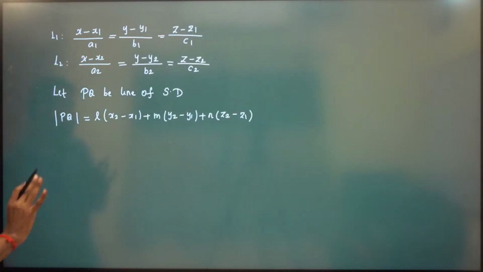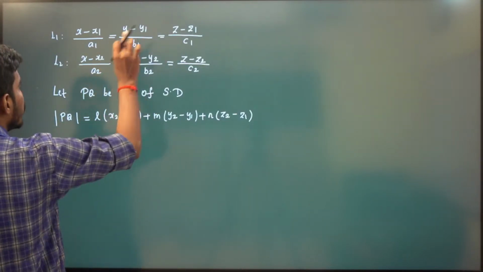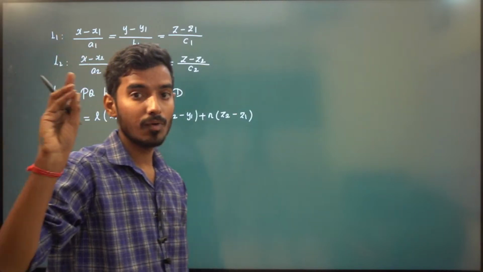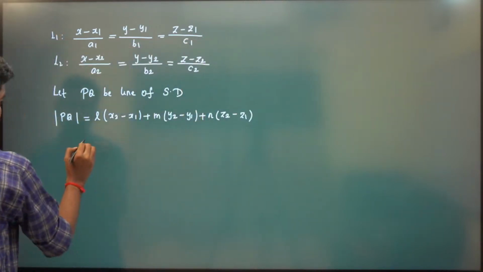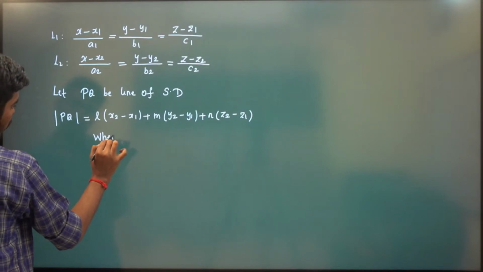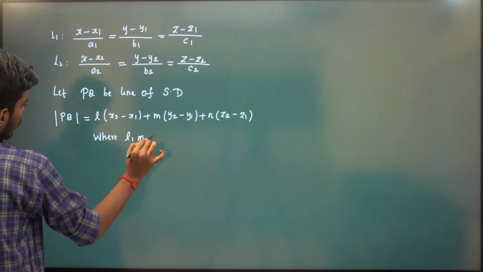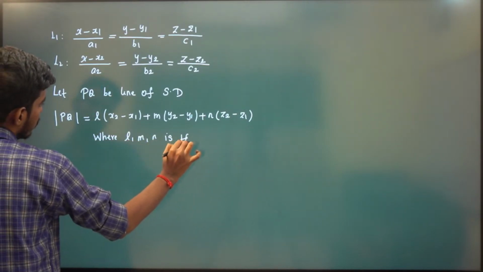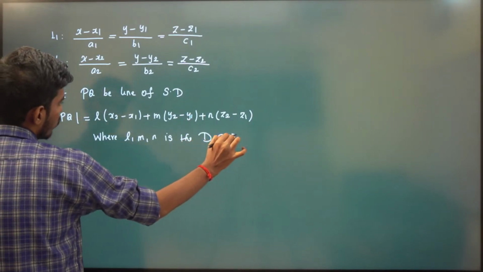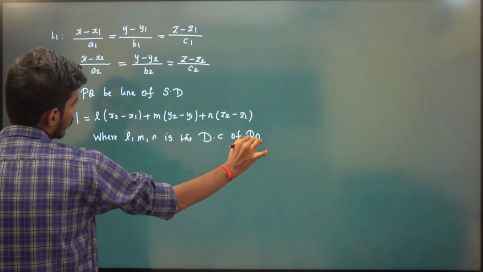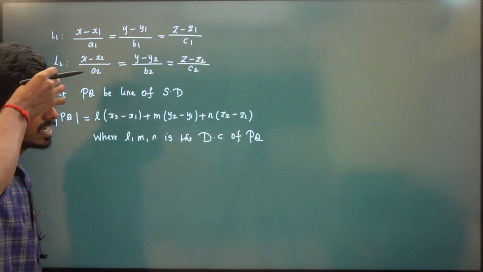That's it. You just have to remember this formula. Now you know x1, y1, z1 and x2, y2, z2. What is l, m, n? Where l, m, n are the direction cosines of PQ.